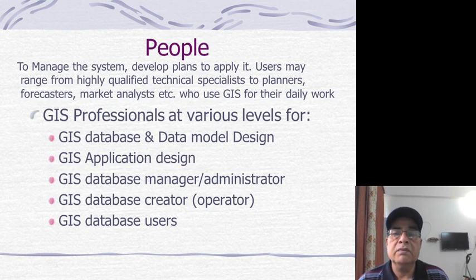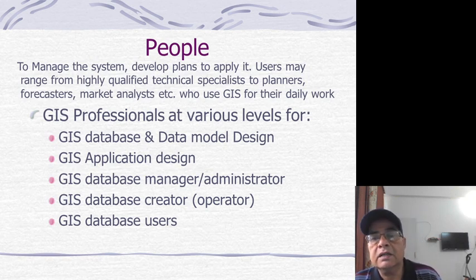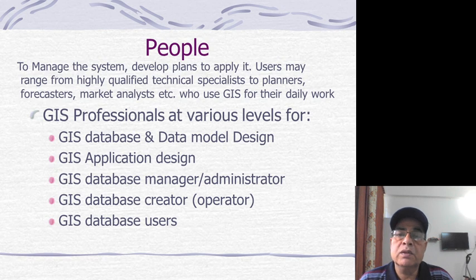As you know, when we are talking about the GIS, it requires people at all the places. So the three previous components were hardware, software, data, and the fourth one is people. We require people right from the developer of the software to the user, the person who is inputting or digitizing the data.